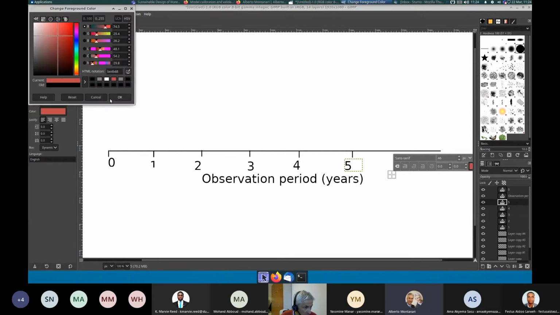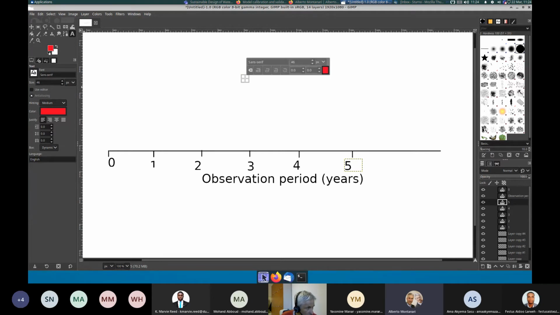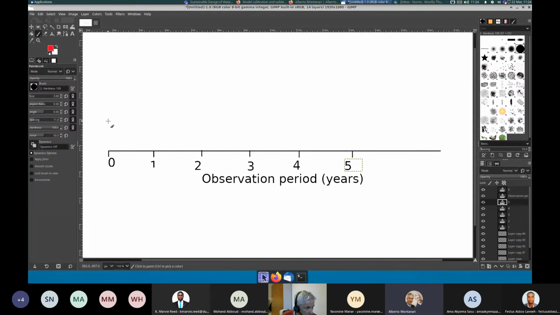So the split sample procedure is such that, let me take the red color, you calibrate the model parameters from 0 to here, year 2, or let's say here, year 3.